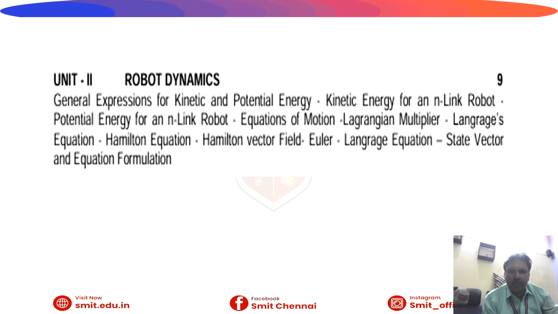Kinetic energy for an N-link robot, potential energy for an N-link robot, equations of motion, Lagrangian multiplier, Lagrangian equation, Hamilton equation, Hamilton vector field, Euler Lagrangian equation, state vector and equation formulation. These are the glimpse of our syllabus.